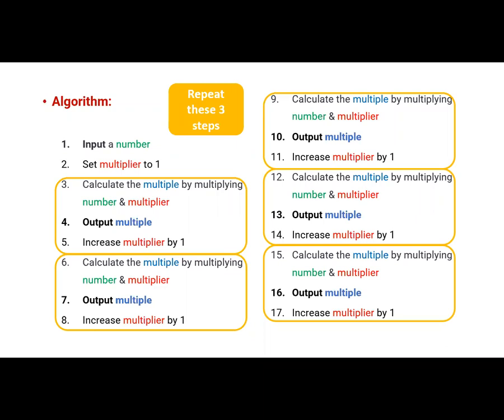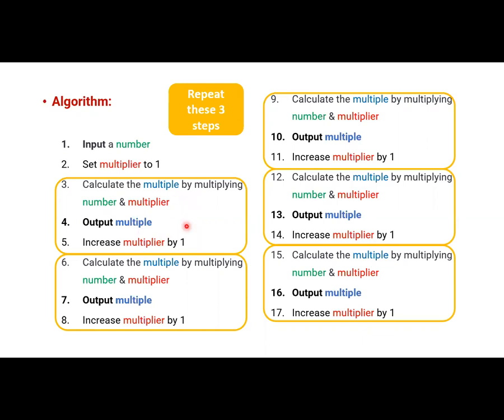Then again calculate the multiple, output the multiple, and increase the multiplier. Just like you can see, the same process repeats. These three steps are repeated 5 times: calculate the multiple by multiplying the number and the multiplier, then output the multiple and increase the multiplier by 1.